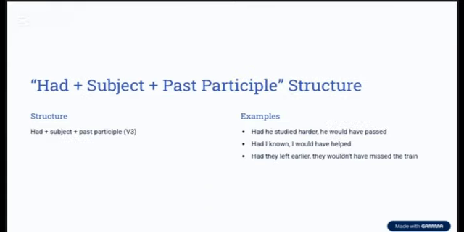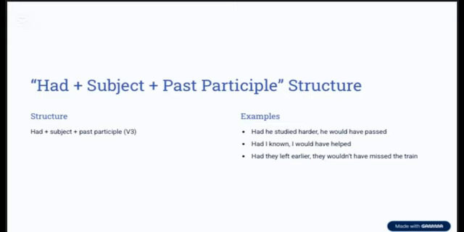If I want to use this hypothetical structure when I talk about the past time, then I should use had instead of were: had plus subject and past participle. Let's see an example: Had he studied harder, he would have passed. The person is regretting an event that happened in the past.